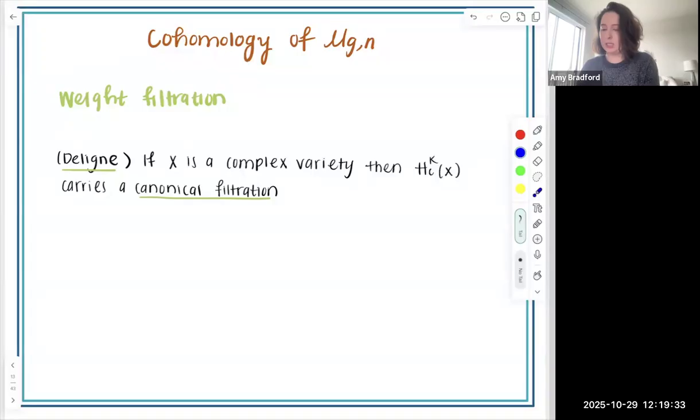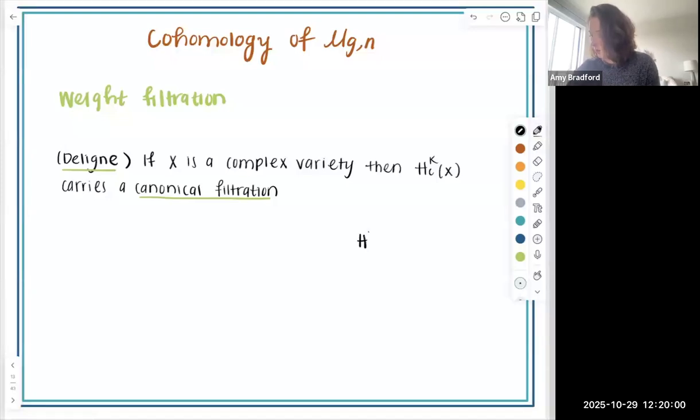Deligne gave us this very nice perspective in which he said that if we take X to be a topological space that is in addition a complex variety, so it has the structure of coming from polynomials in some way, then the cohomology of that space has a nice canonical filtration. What do I mean by that?